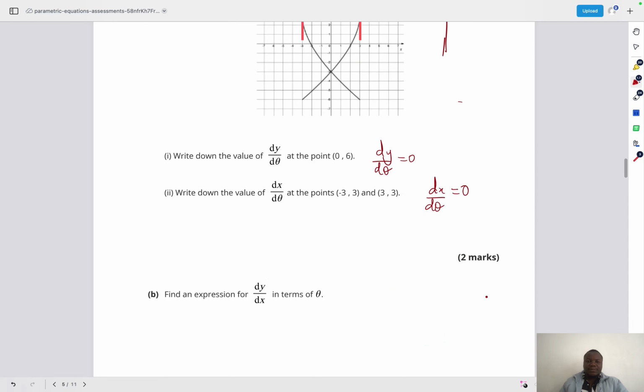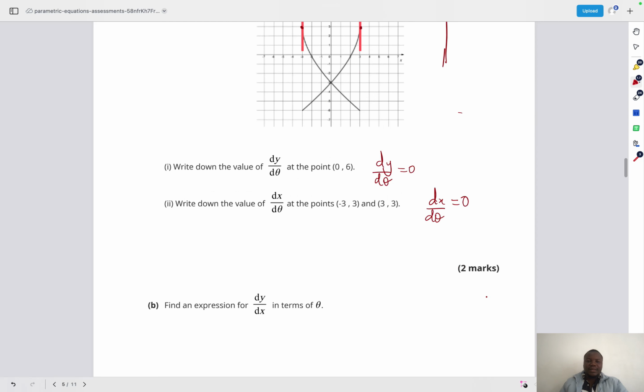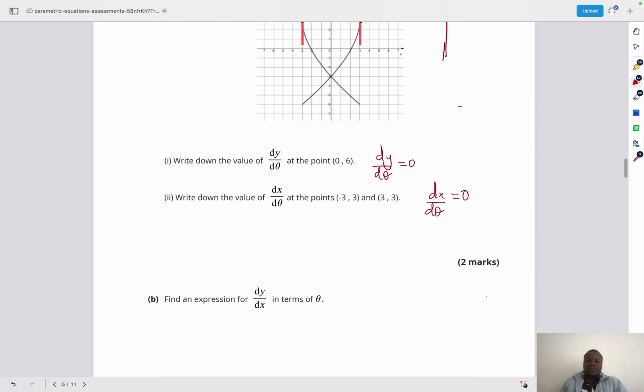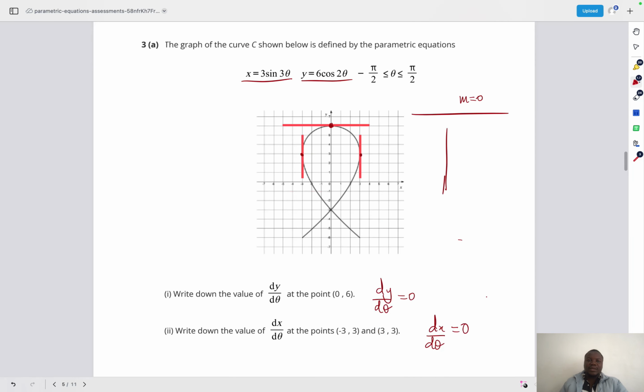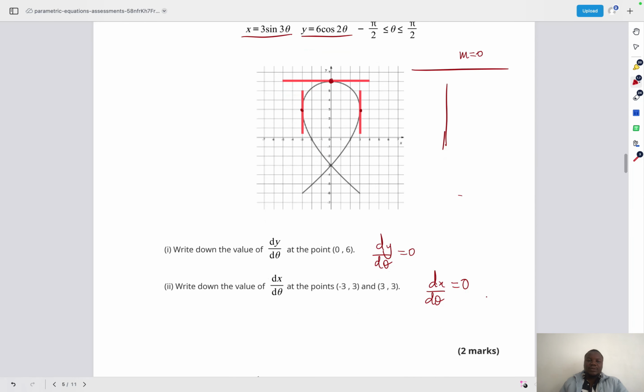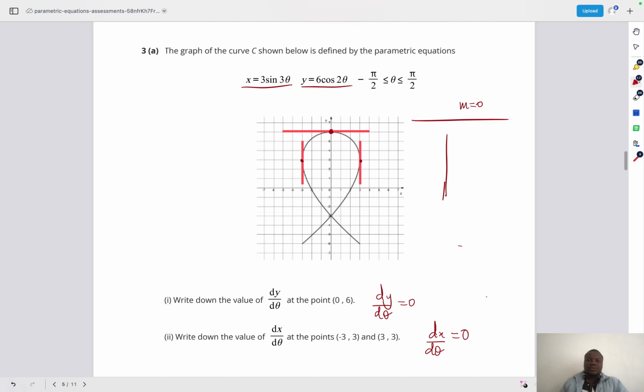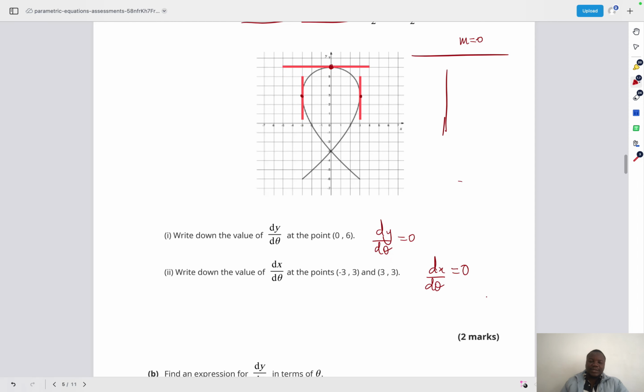The most interesting part of question 3 is part B: find dy/dx in terms of θ. So here is where we'll do a little bit of work. I'm going to write these equations down here.